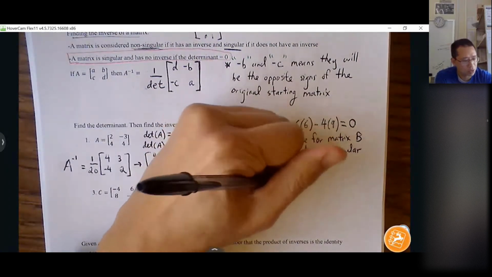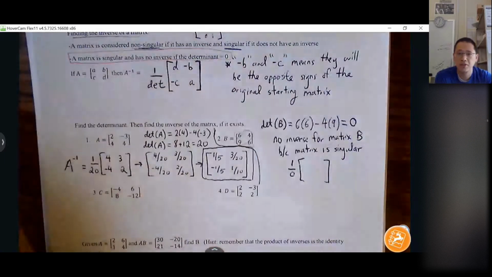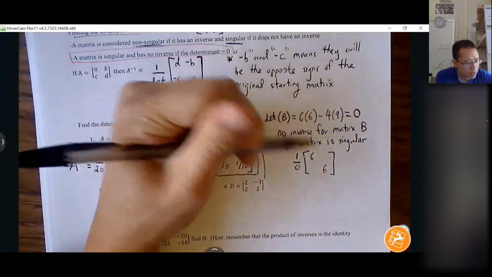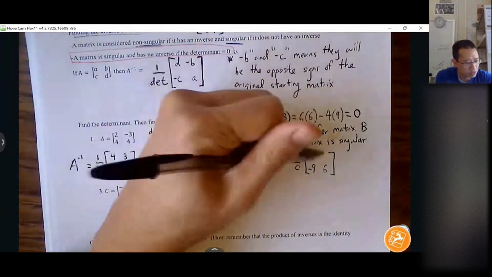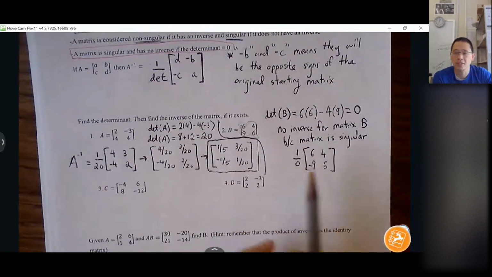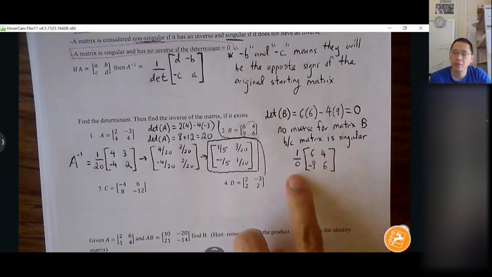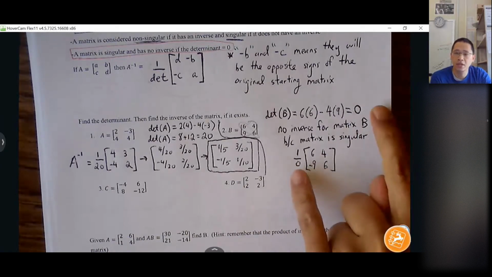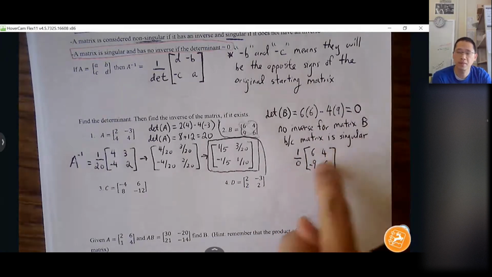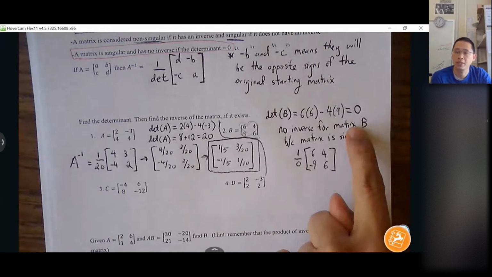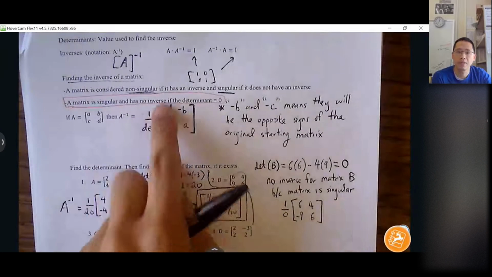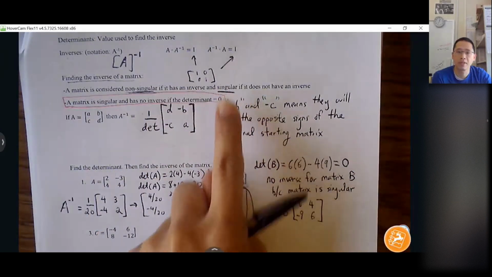I mean, we can go through all the steps of changing everything, the AD and the BC, but we're going to be stuck with not being able to move forward algebraically, because if I multiply everything through by 1 over 0, first step, 1 over 0 doesn't exist. Okay, so that's the reason why. Any other number is okay. It's just that 0 is going to cause an issue, and that's why if you see a determinant of 0, you can just go ahead and stop and say, okay, I'm not going to be able to make any progress. The matrix has no inverse, and if it doesn't have an inverse, we give it a name. It's a singular matrix.